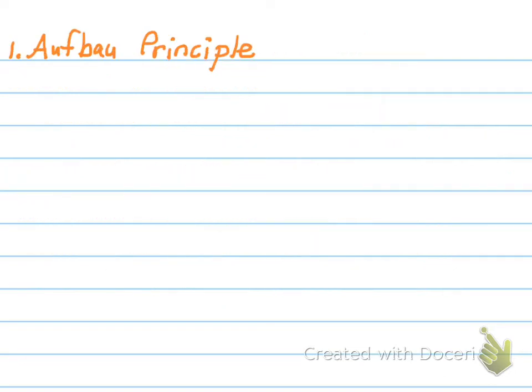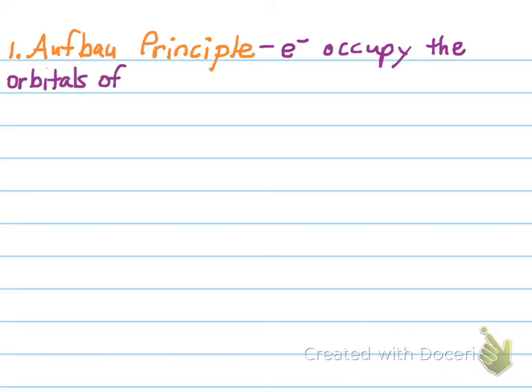So the first rule is the Aufbau principle. The Aufbau principle states that electrons occupy the orbitals of lowest energy first.